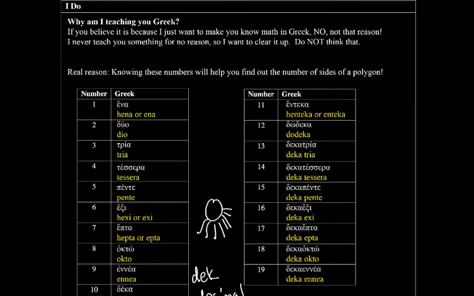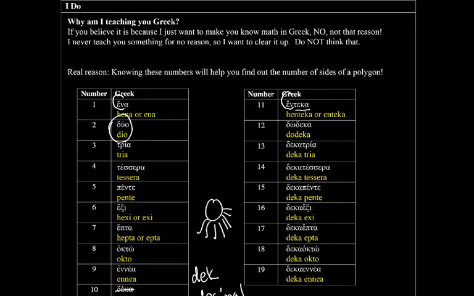Okay, then let's look at these. 11 is enteca. If you look at that, we have en from ena, and then we have deca: enteca. And then 12 is lodeca. 2 is not exactly just lo, but it's kind of similar.